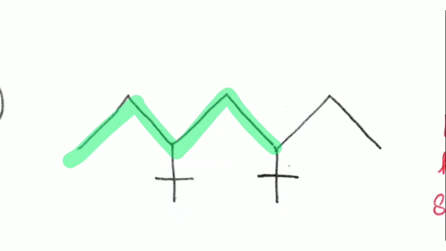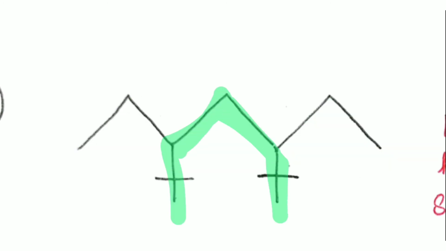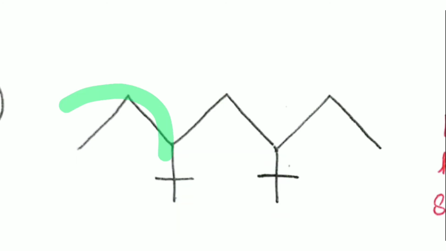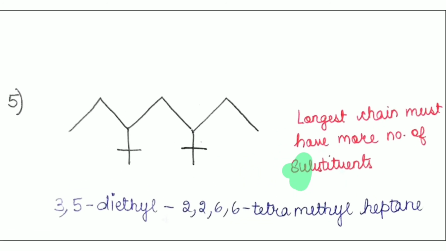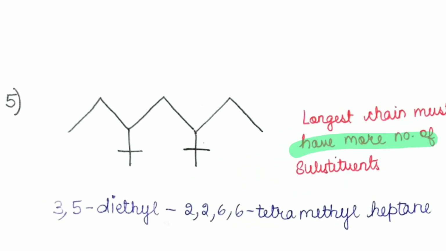If we select this as our principal carbon chain, we have 2 substituents. And if we select this as our principal carbon chain, we have 1, 2, 3, 4, 5, 6 substituents. So it is obvious that we will select that principal carbon chain which has more number of substituents if the chain has the same number of carbon atoms in both the cases.